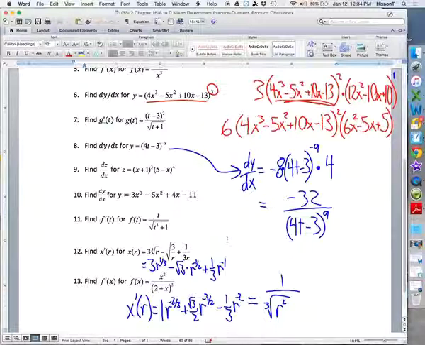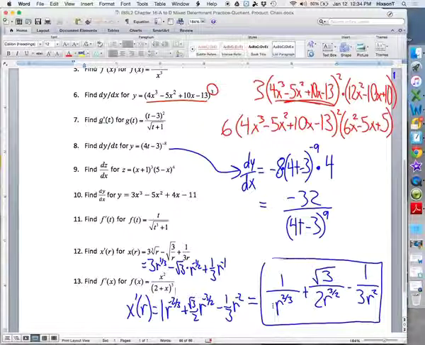Okay, so rather than mess with that, we'll just do 1 over r to the 2/3 power plus root 3 over 2r to the 3/2 power minus 1 over 3r squared. And I'd leave my answer like that. Okay?